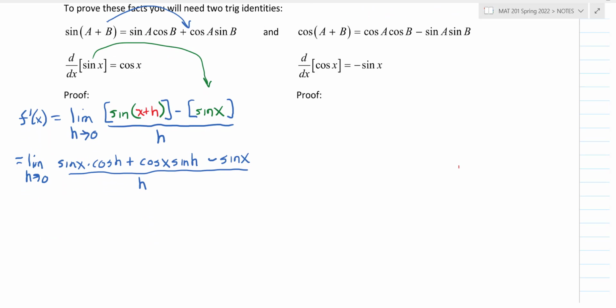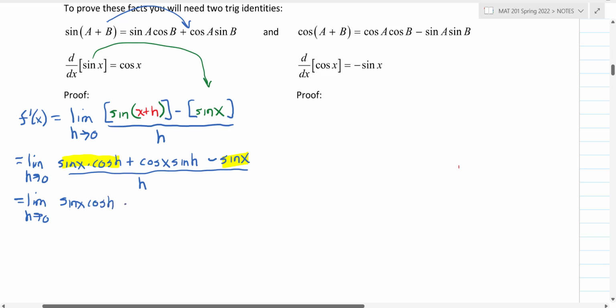I'm going to group together these things right here and split this apart like this. So I have the limit as h goes to 0, and then I'm going to write this as sine x cosine h minus sine x over h. And then the leftover part, I'm going to group together in a different fraction. So I'm going to write that as cosine x sine h over h, like that.